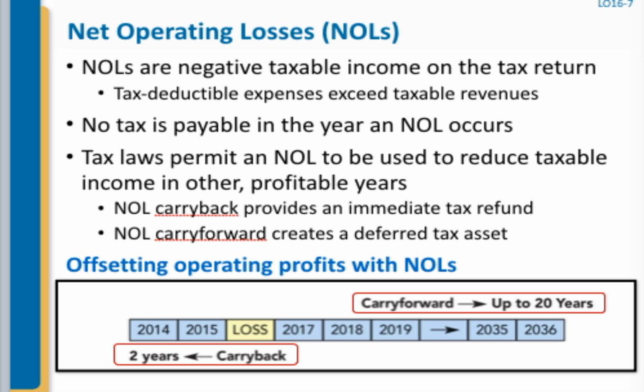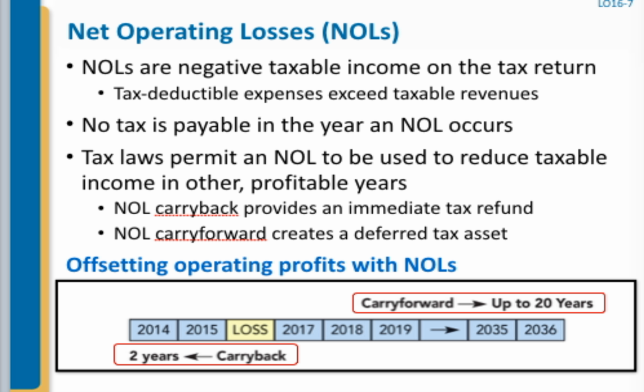Basically, this policy of allowing you to carry it forward and even backwards encourages people to start companies, because they know that yes, it's risky in the first few years, but if you're able to weather the storm during the first few years when you're not making any money, you're then able to use that as a tax benefit in future years to catapult and kind of exponentialize your growth.